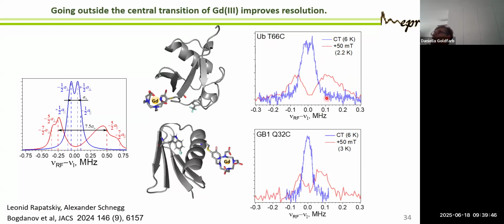Now I think in our lab we can measure 3 K, and you barely see this splitting, but here you see it's very clear and very nice. And this is even more so for this one: you see the central transition was not resolved, but when you go to the ends, you can resolve this very, very nicely.